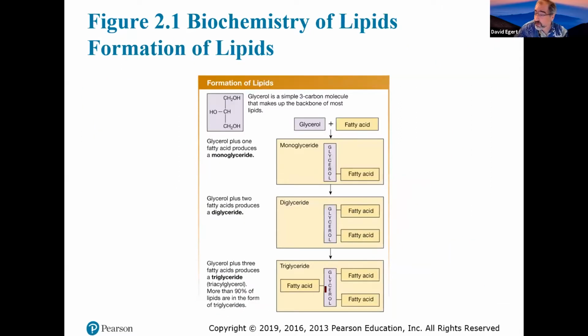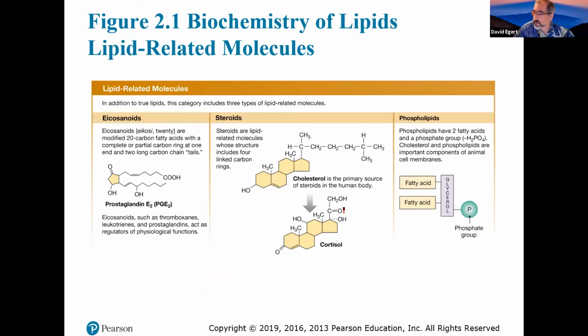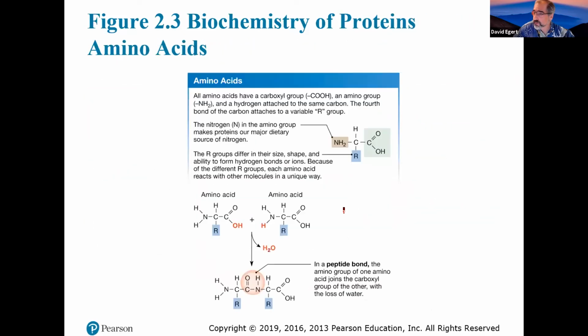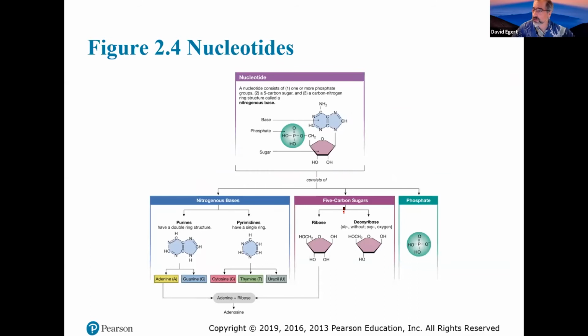And then again, if we want to make a triglyceride, which is this one here, we have a glycerol and we add in 3 fatty acids. This is not showing it very well.